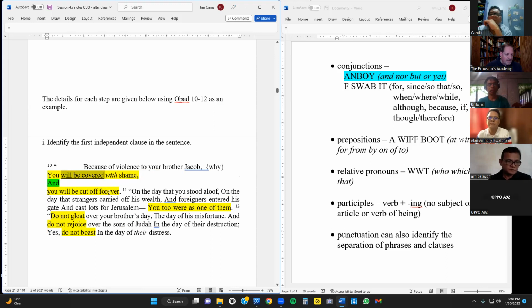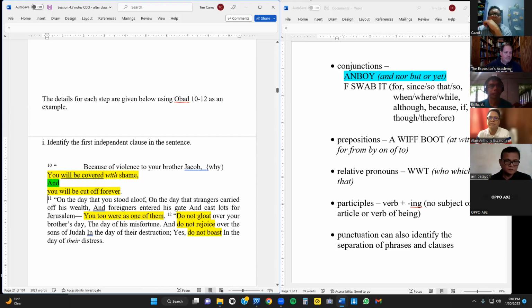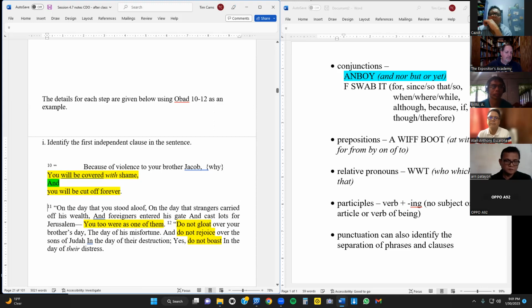Okay. And you will be cut off forever. So those are the two main sentences. And then this is modifying "will be covered" and "will be cut off." Those are the two verbs. But yeah, there's two independent clauses here, or you could say two main sentences if you want. Does that answer your question? Thank you, sir. Thank you.